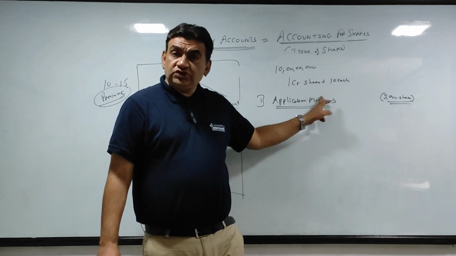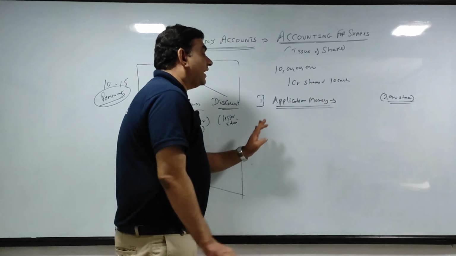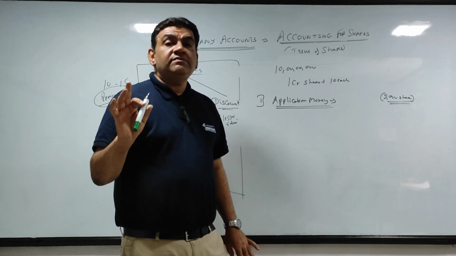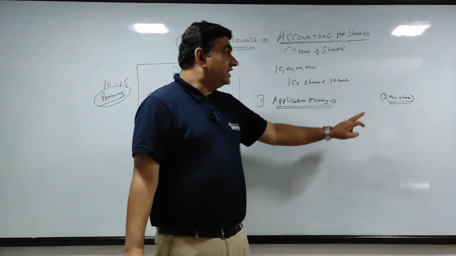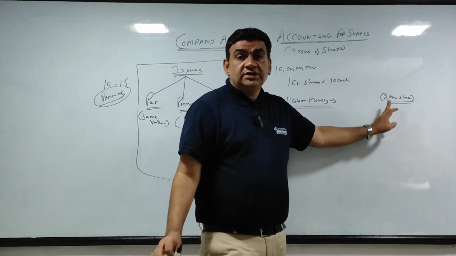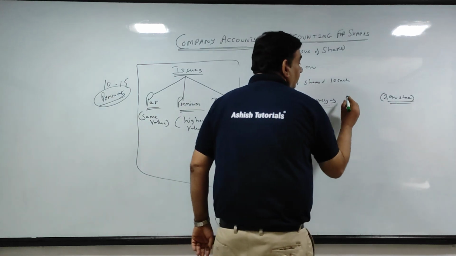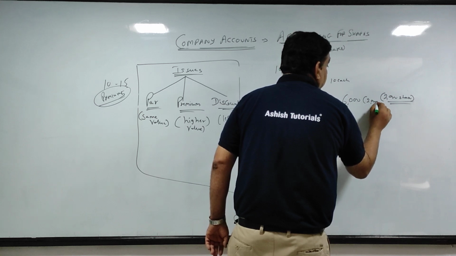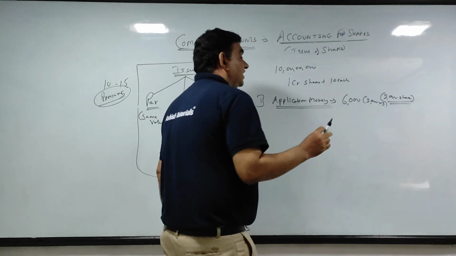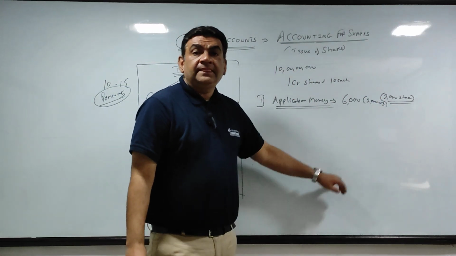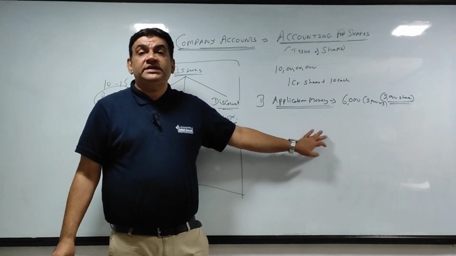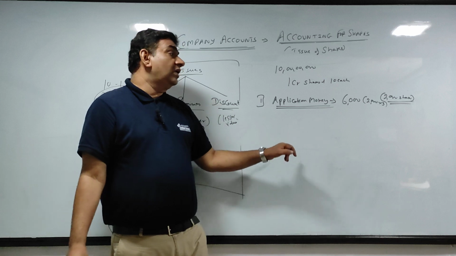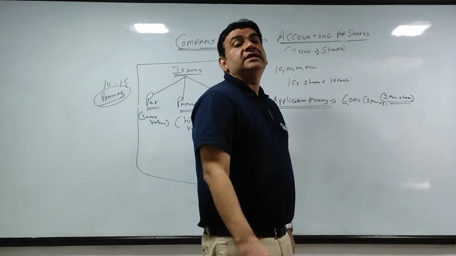Now say, for example, the share is 10 rupees, and the company says on application you pay 3 rupees. On application you pay only 3 rupees. So how many shares do I have? 2000. So on application, what I will do is pay 6000 rupees. How 6000? 2000 shares at 3 rupees each. So I pay 6000 rupees on application. I have shown my intent to apply for 2000 shares.